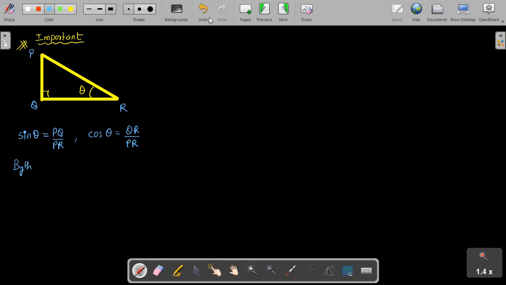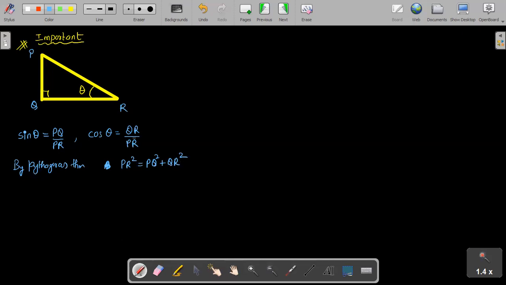By Pythagoras theorem, I can write the formula: PR square equals PQ square plus QR square.